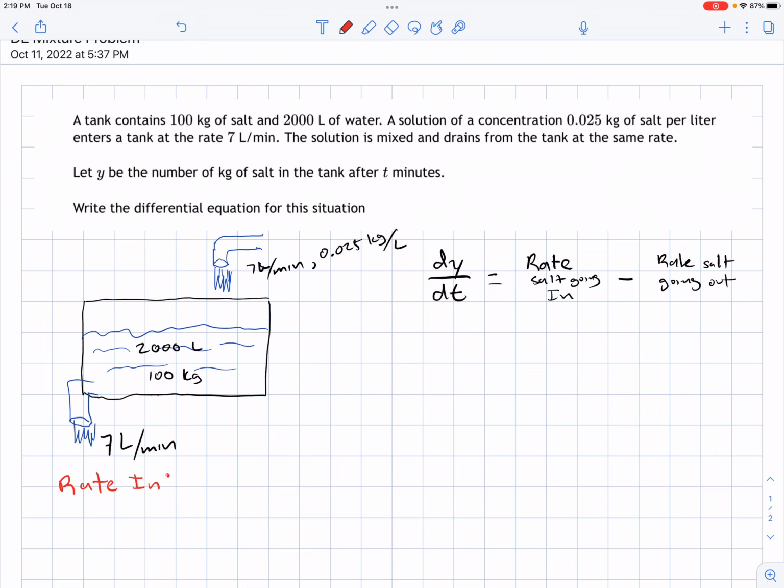Looking at the rate in, we know that 0.025 kilograms of salt per liter is going in.